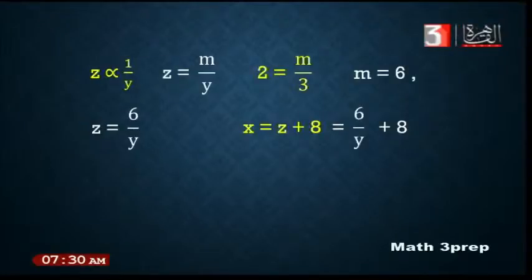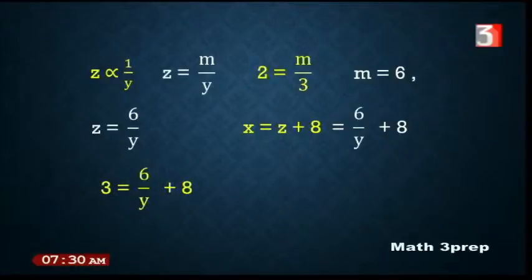Then by substituting, 3 equals 6 over y plus 8. In this case, we can say that negative 5 equals 6 over y. And finally, we can find the value of y as negative 6 over 5.